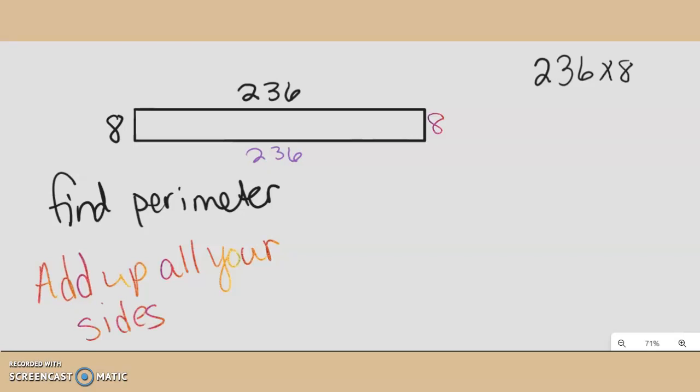Now, as a smart person, you would know that 236 is twice. So you have two groups of 236, and you have two groups of 8.